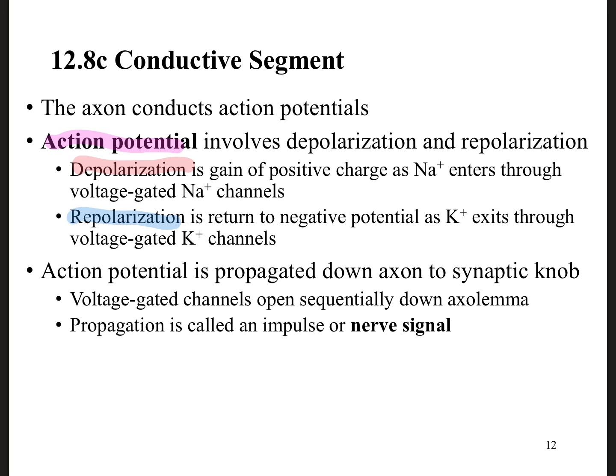The voltage-gated calcium channels. And which way is calcium going to move? Into or out of the cell? In. Right? So calcium is higher outside the cell than inside the cell. Calcium moves in, binds to the synaptic vesicles, and triggers the release of neurotransmitter into the synapse of the next neuron. Okay? Questions?